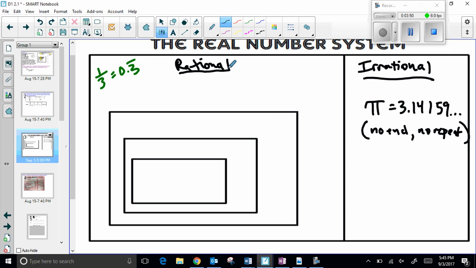Okay. Now, as I talk about rational numbers over here, I'm going to skip back over here. Rational numbers start out very specific. They start out as natural numbers, or we also call them counting numbers. That's 1, 2, 3, 4, and so on. I like to think of these numbers as the cool numbers.